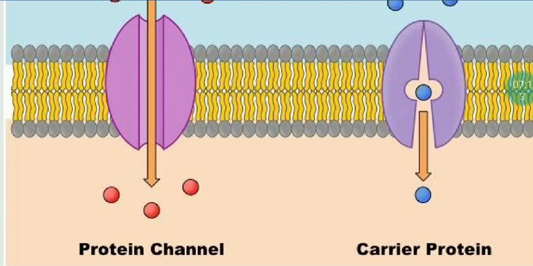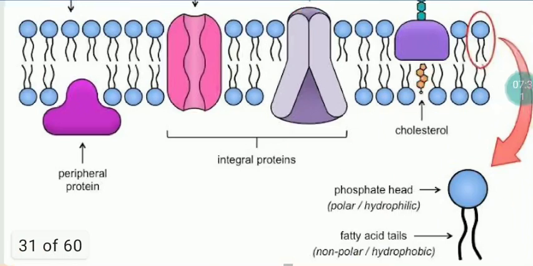These carrier proteins can transport the substances against the concentration gradient. To transport against the concentration gradient, we require ATP, and so we call it active transport. So here we can see both the protein channel and carrier protein.